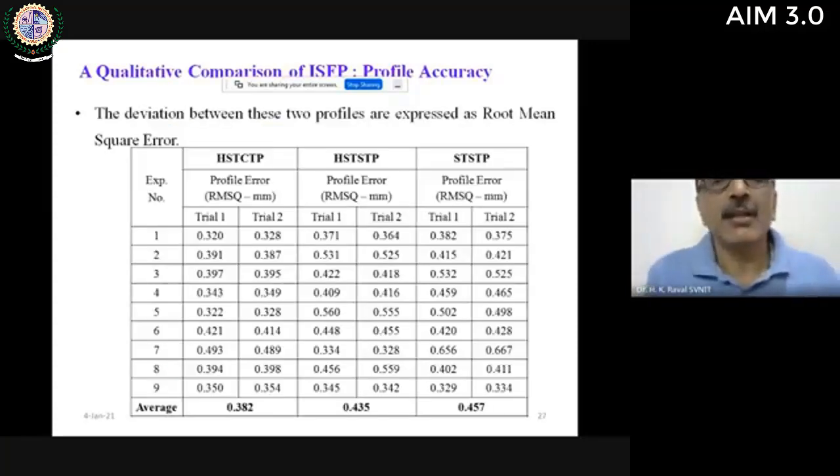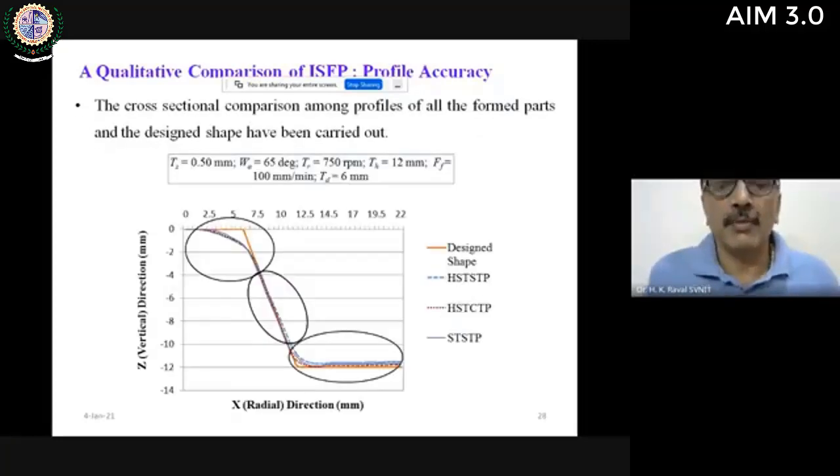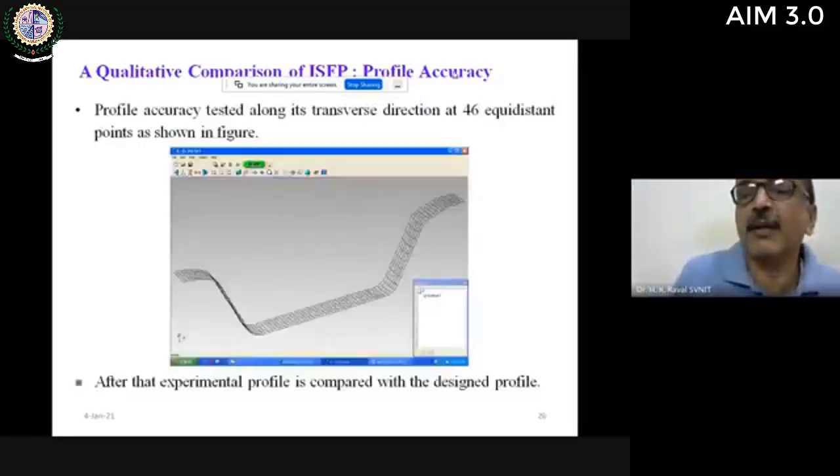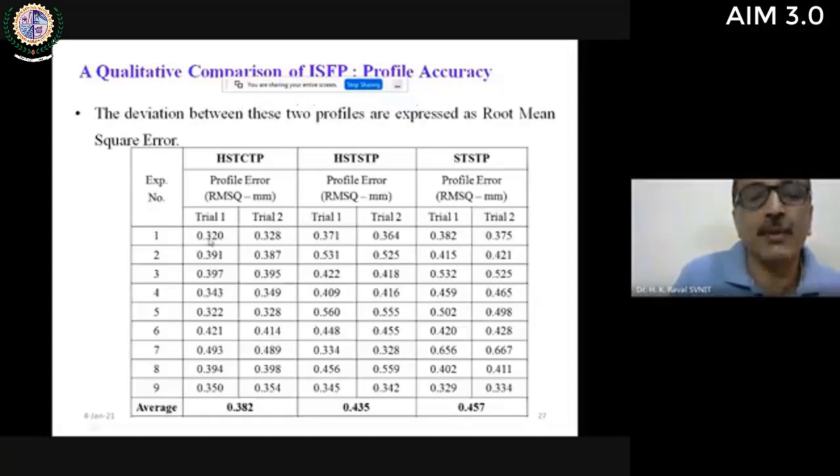This table shows the variations or the error with respect to the profile error. Two different trials were done, and the average profile error out of 46 readings is recorded in each particular row.